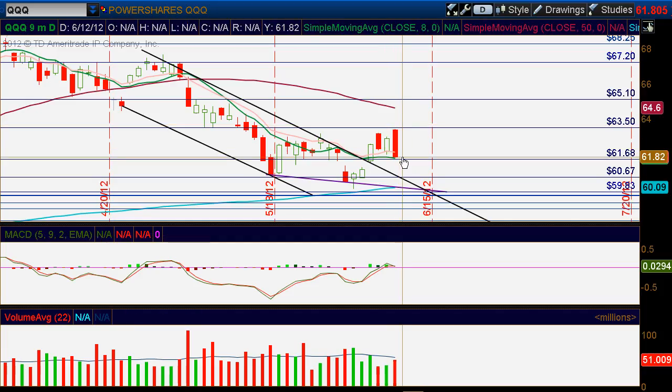But if we instead break back to the downside through 61.68 and then close the day below it, we could add some more potential to the downside to the next area of support down here, 60.67, and then the next one down at about 60.09.